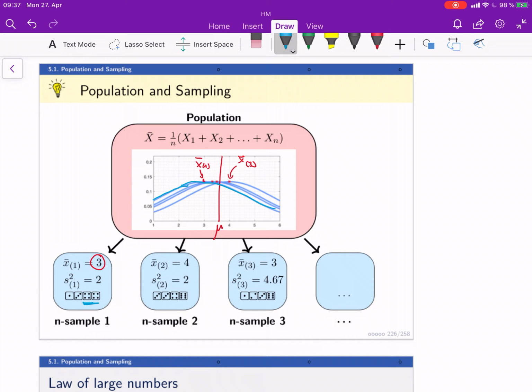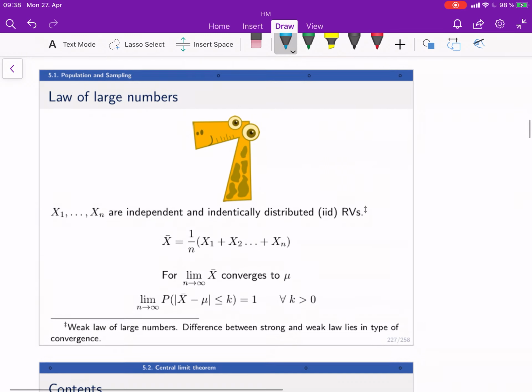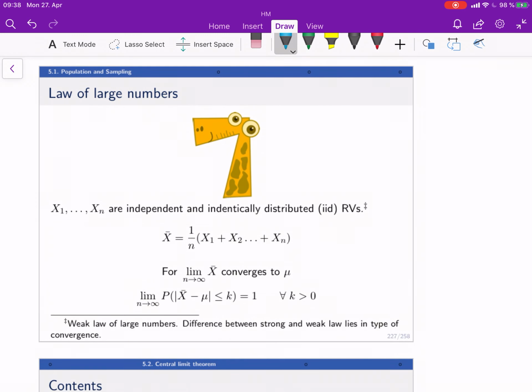So how is this ever going to work? Well, fortunately, we've got the law of large numbers. There are two different ones, but I'm going to talk about that in a second. The law of large numbers basically says if I've got n independent and identically distributed random variables, so-called IIDs, like if I roll the die multiple times, it's always the same random variable, and we calculate a mean value like this.